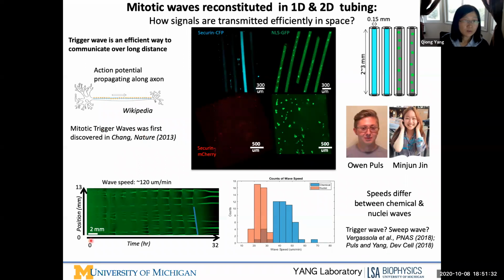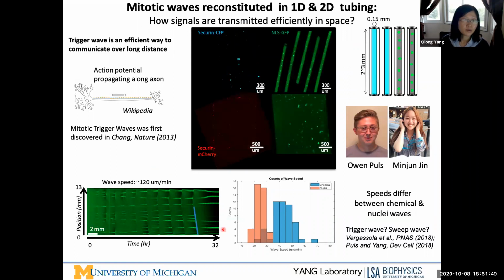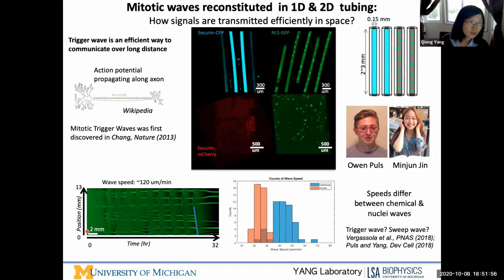And we are here reconstituting an artificial system by, instead of encapsulating each nucleus in a droplet, allowing them to share the same cytoplasm. What you see at the bottom here is called a kymograph. It's just a temporal-spatial plot for this tube across.